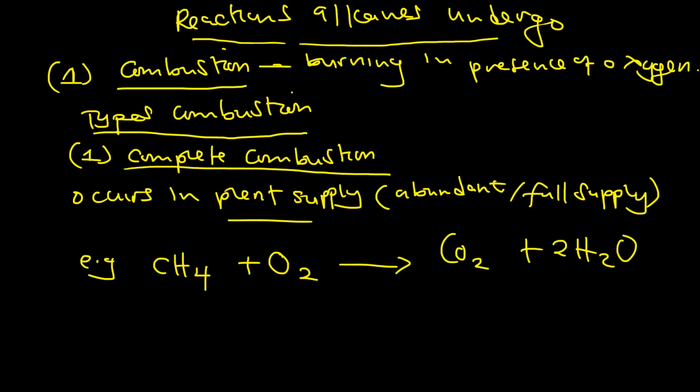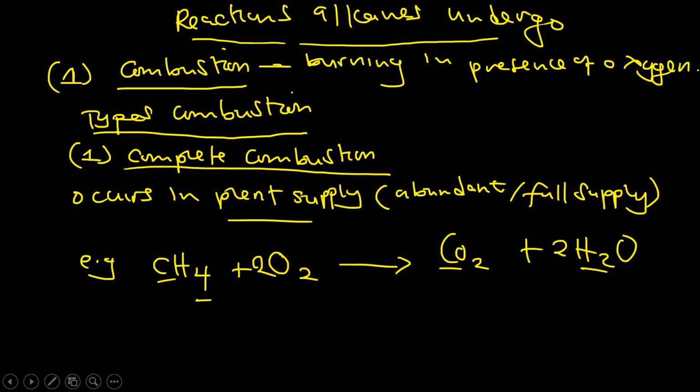Looking at this equation, it's not balanced, so we put a 2 in front so that we have oxygen 4, hydrogen 4, hydrogen 4, and 1 carbon, 1 carbon. So this is the balanced equation for complete combustion.